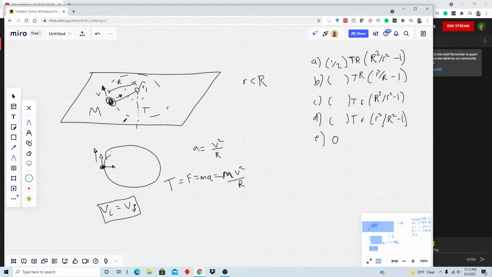Okay, well, let's read the question. It says, "What's the change in energy of the puck?" And so the different types of energy forms in this are kinetic energy and potential energy.